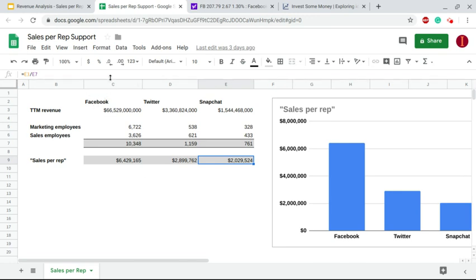So it pays to go ahead and do the calculation to really put it into perspective. And you can see I made a little chart here just for visualization, and that's what we learn.